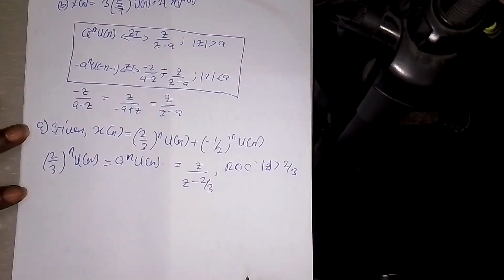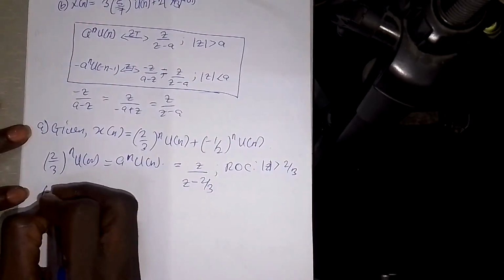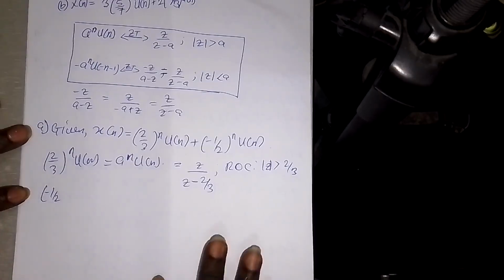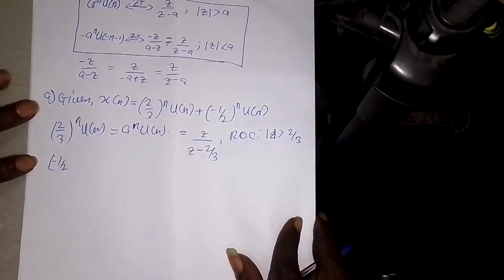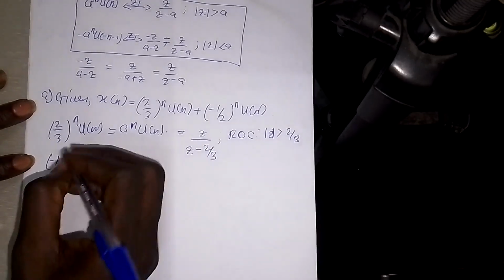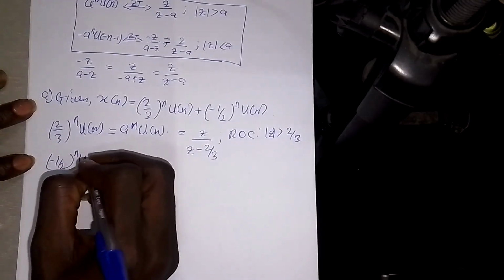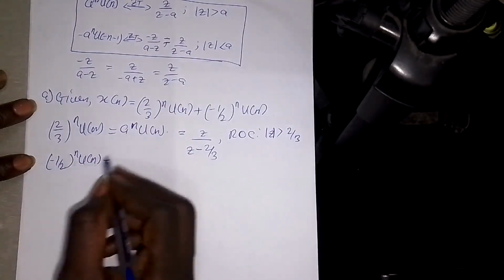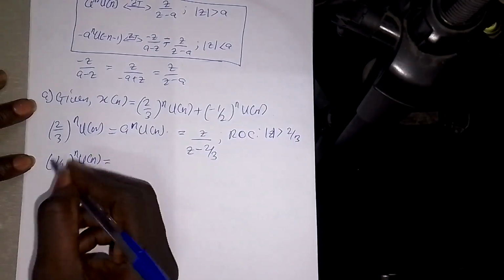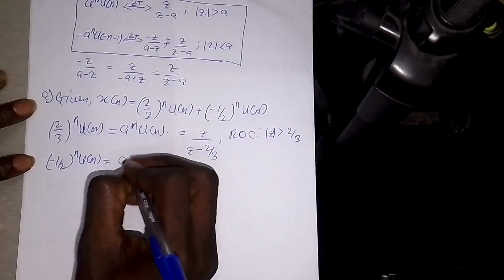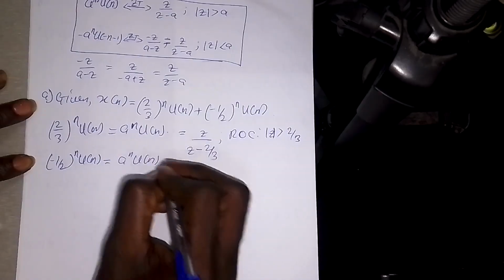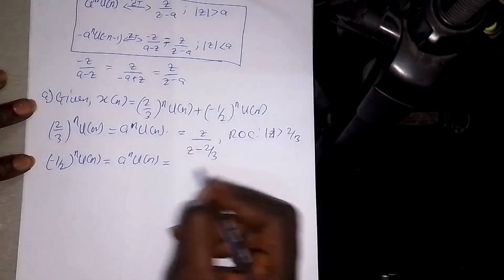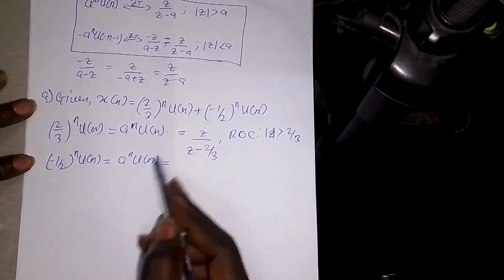From there, we can go on to the second one, where we get (minus 1/2)^n u[n]. This is the same thing as a^n u[n], so the same Z transform will work for it.